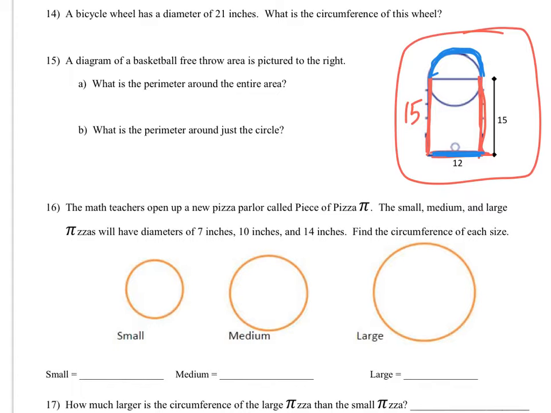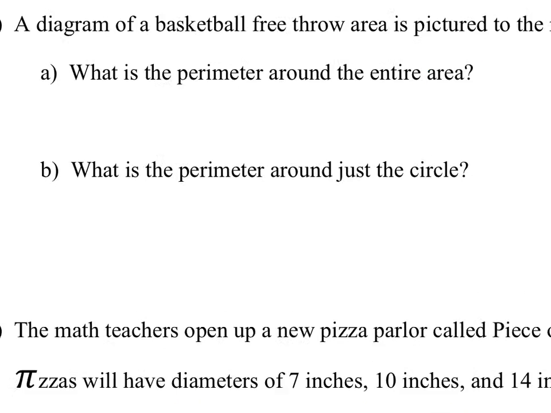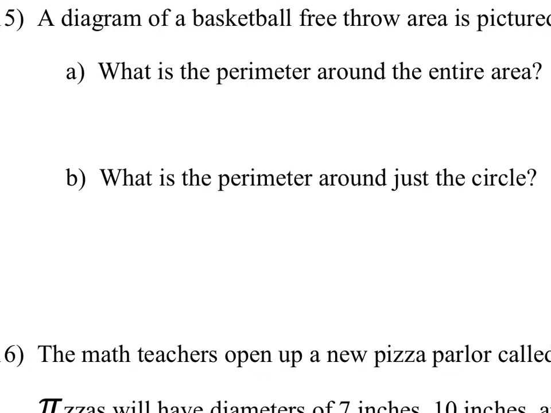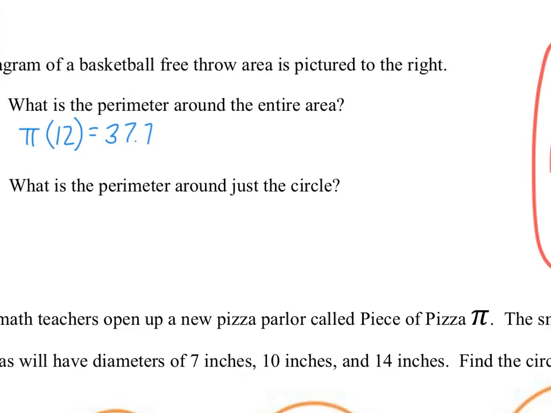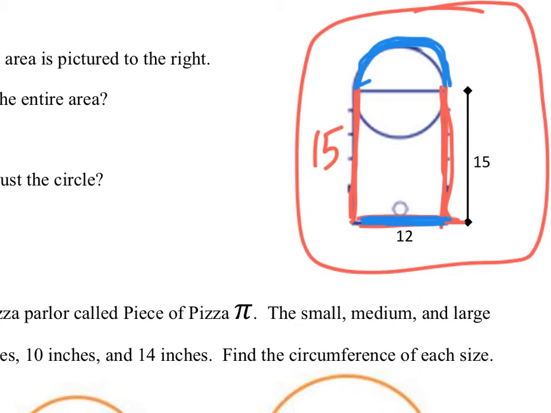So to find the circumference, we can use pi times d, and d is 12. So pi times 12 equals 37.7. And that would be the circumference of the entire circle.